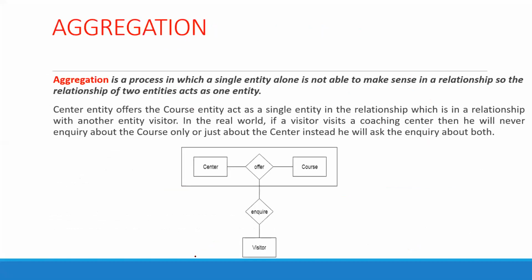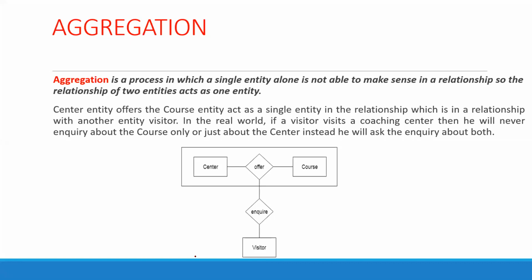Now, another important topic is aggregation in the enhanced entity relationship diagram. What is aggregation? Normally, sometimes we draw an ER diagram, but it does not make much sense and does not give a good relationship.